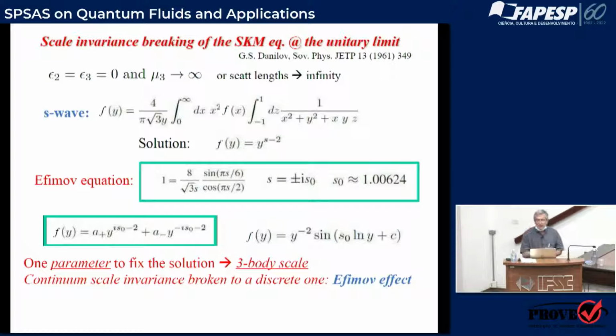Okay, now let us go back to the Skorniakov and Ter-Martirosian equation. This solution was already done in 1961, okay? Maybe many of you were not even born in 1961, but he understood that. And he studied the S-wave. This is the S-wave Skorniakov and Ter-Martirosian equation.